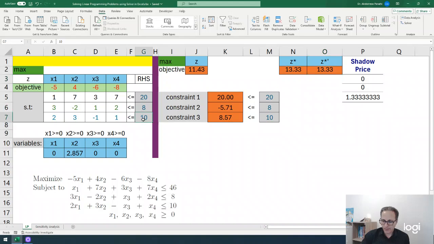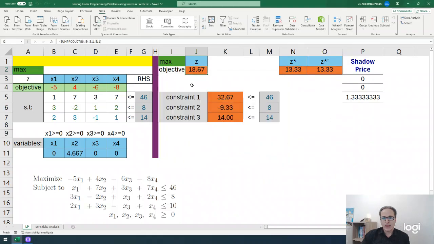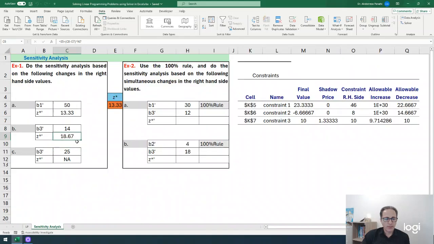So this 10 to 14, and this was originally 46. So we have only one change for now. And we solve it again. We get 18.67, the same that we predicted, so we don't need to solve the problem if we have the sensitivity report.